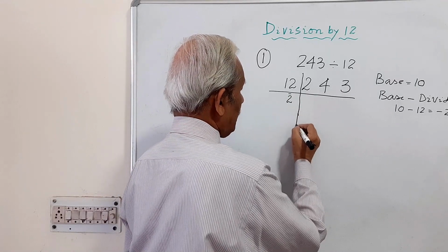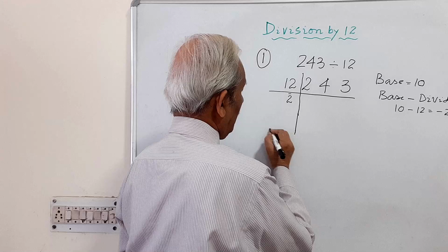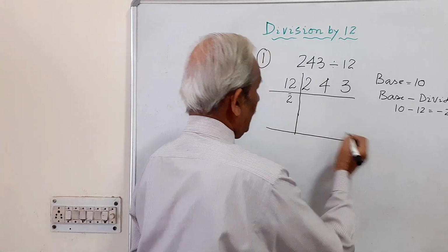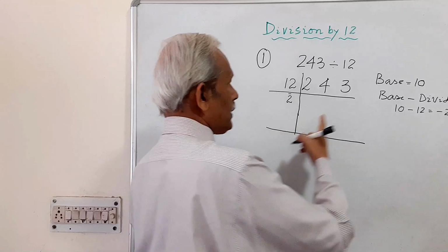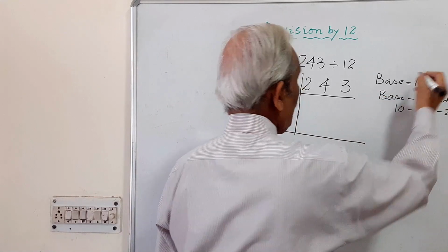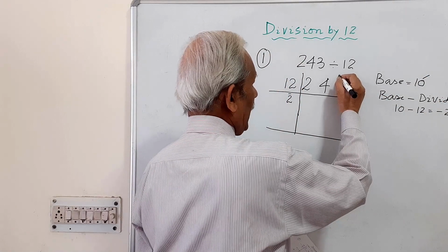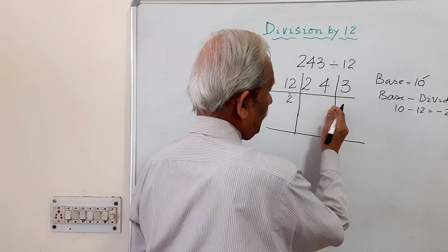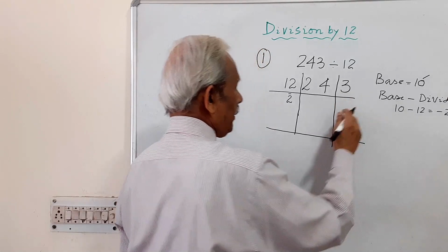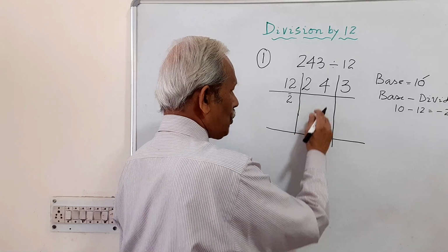Now let us proceed with the division, but before that, another procedural step. Since there is one 0 in the base, we put one line after one digit. Anything beyond this line is the remainder, and the left side is the quotient.